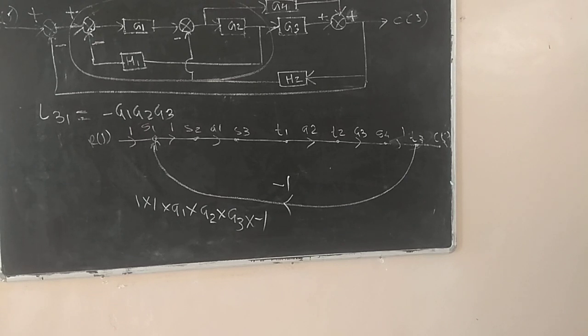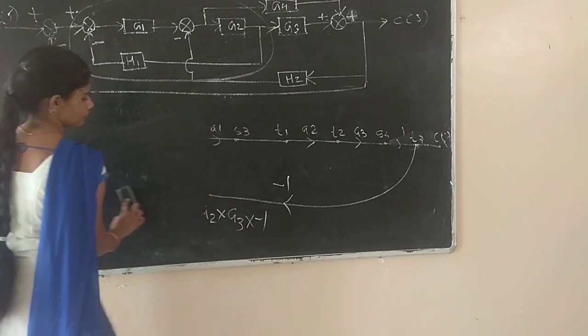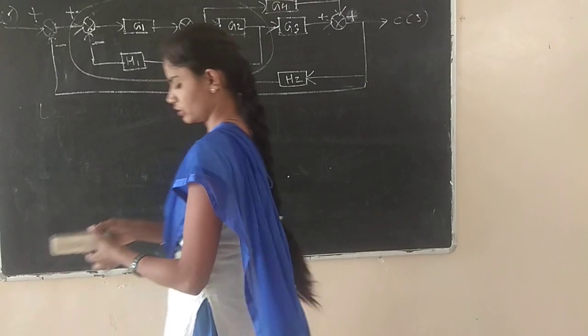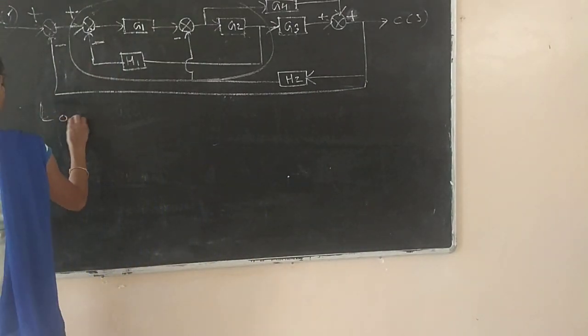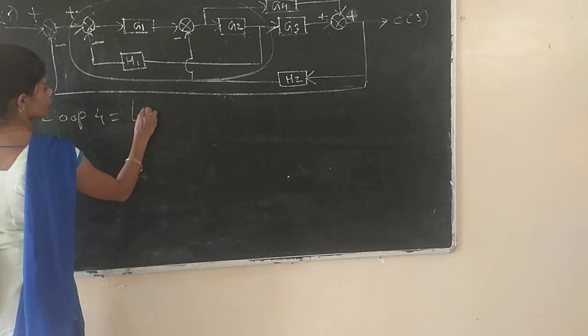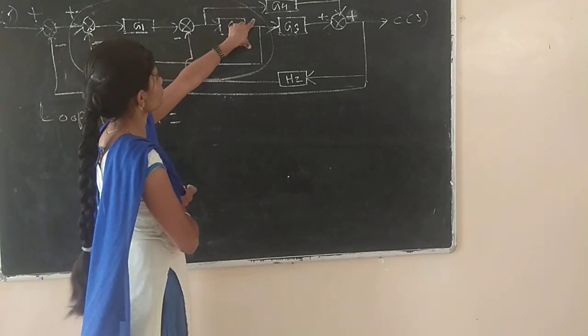Then we see loop 4. Loop 4 is L41. This is loop 4. In L41 here it is a G4.